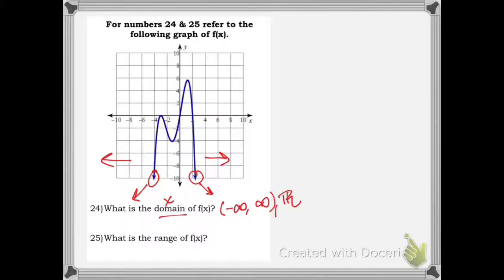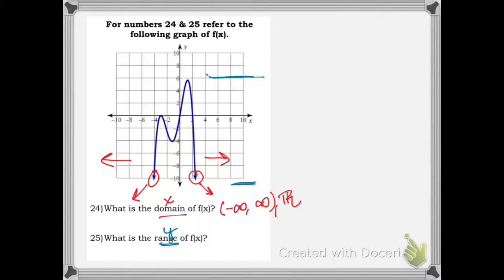Number 25, what's the range of y? I'm going to switch colors here. Okay, remember these are the y values. So that means we want the bottom versus the top.